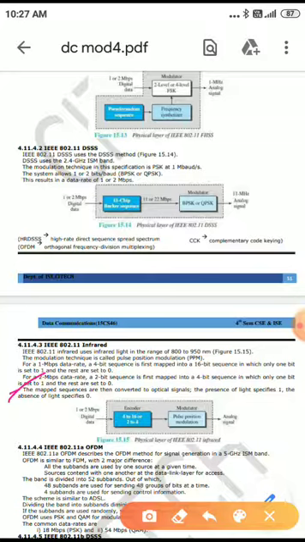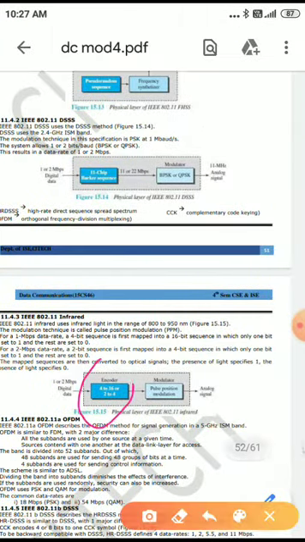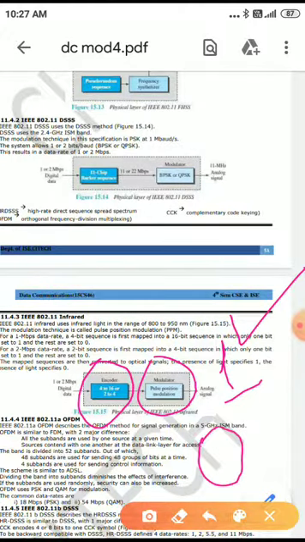The presence of light specifies 1, the absence of light specifies 0. If there is a 1, light is present; if there is a 0, light is absent.